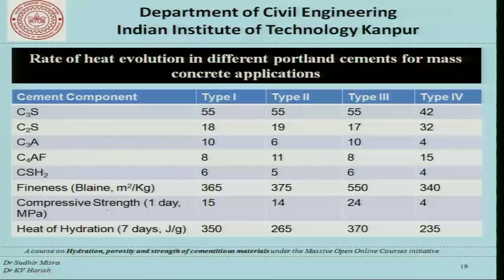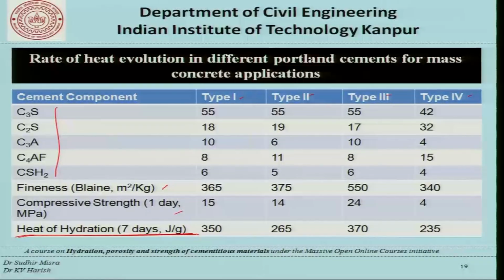And this table here is a comparative statement of the rate of heat evolution in different Portland cements for mass concrete applications. So this type 1, type 2, type 3 and type 4 are the different kinds of cement, and we can see that depending on the type of cement, the proportion of the constituents is different, and so is their Blaine fineness, so is their compressive strength, and so is the heat of hydration.